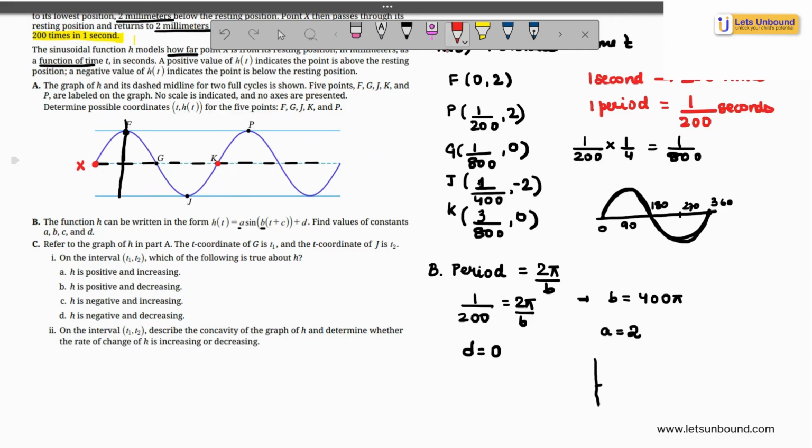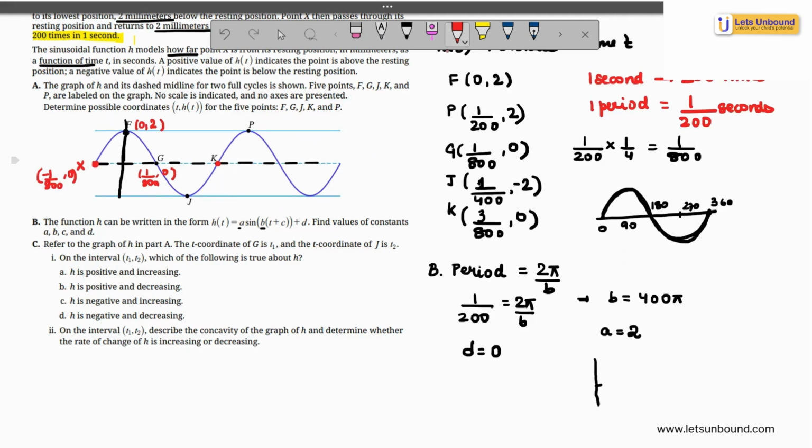Now we calculated that this point is (0, 2). This point is (1/800, 0). Which means this point ideally again should be 1/4 of the period, which is (-1/800, 0). So it's starting from this point and ending at k. I can say that the sine curve has not become a cos function.